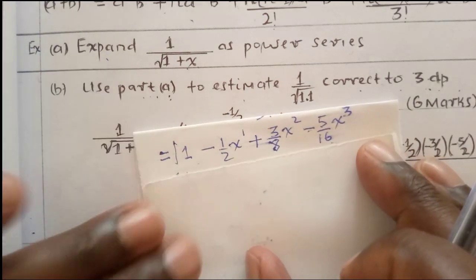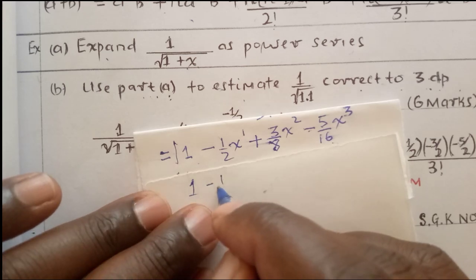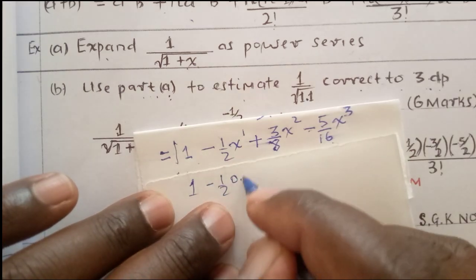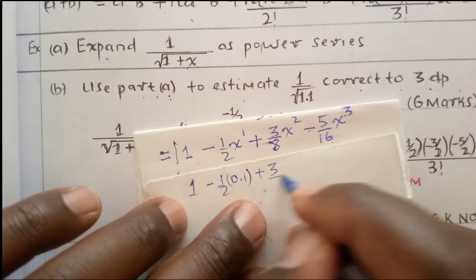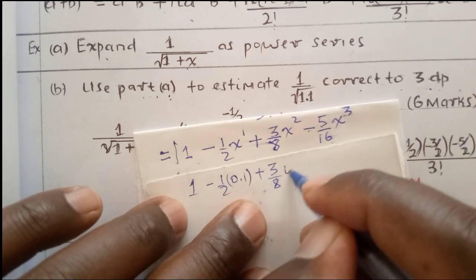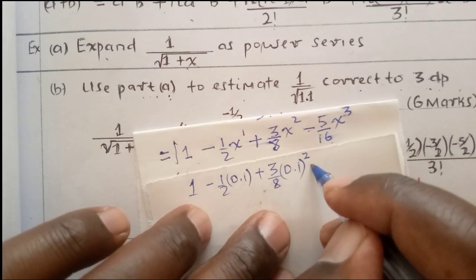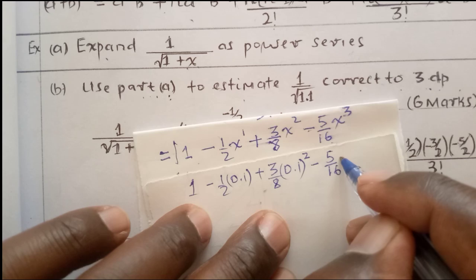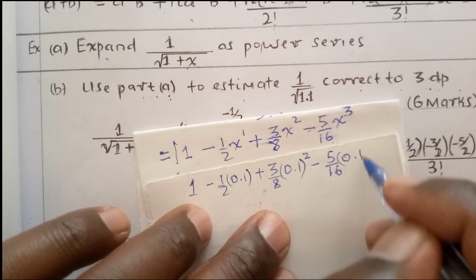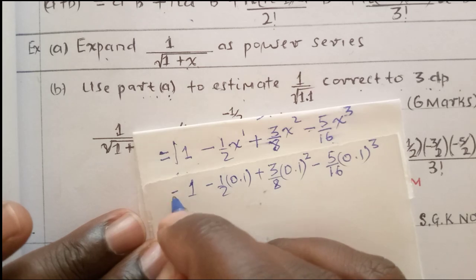So this one will be 1 minus a half, we put 0.1, plus 3 over 8, put 0.1 squared, minus 5 over 16, put 0.1 cubed. Then we can now calculate this.